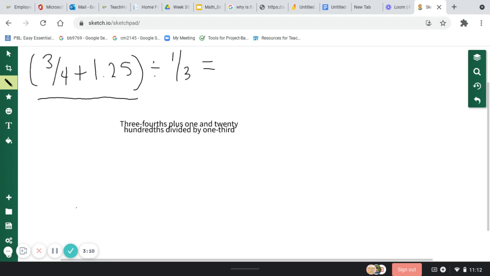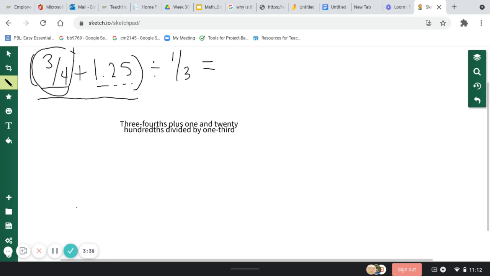We have a decimal number, and then we have our fraction number. But we know that fractions are decimals and decimals are fractions. What we need to do though is either or. We're either going to change the decimal into the fraction, or we're going to change the fraction into the decimal. In this case, I'm going to take the fraction and turn it into a decimal number.